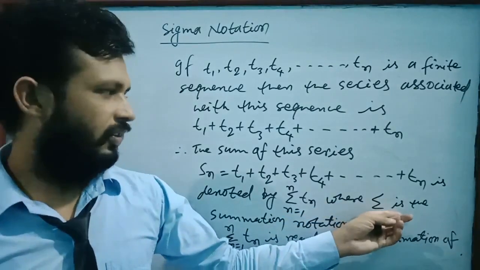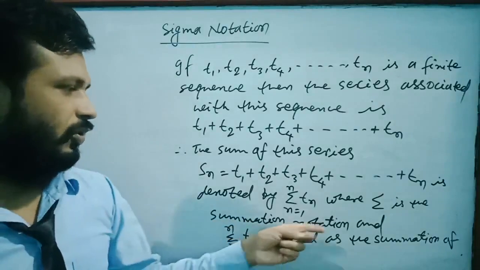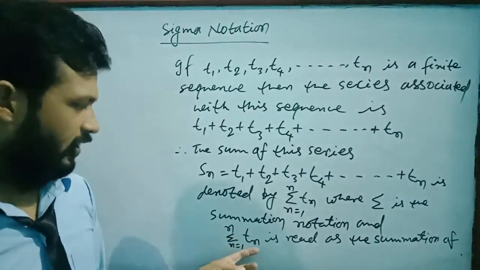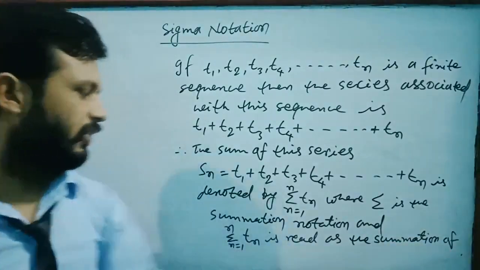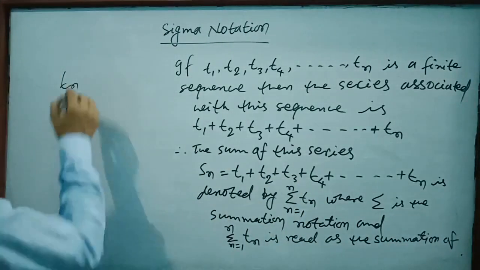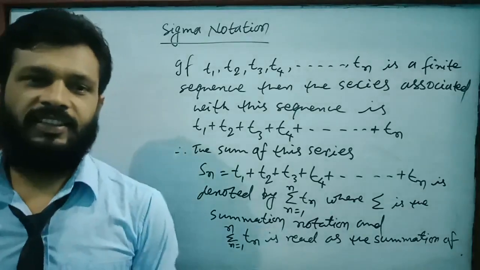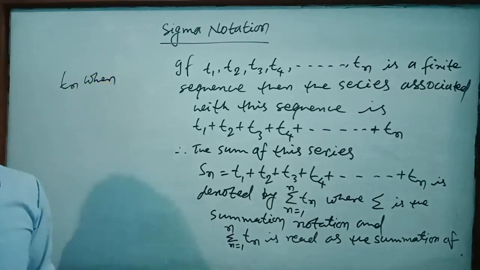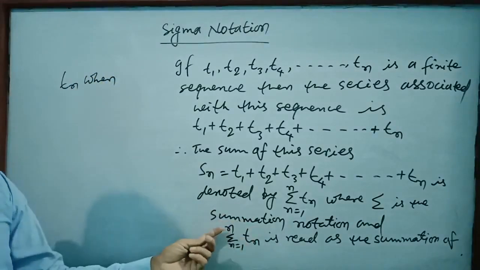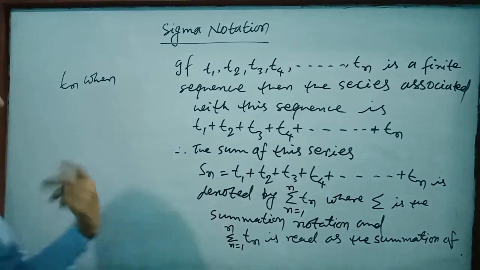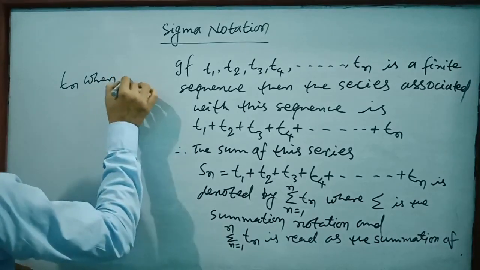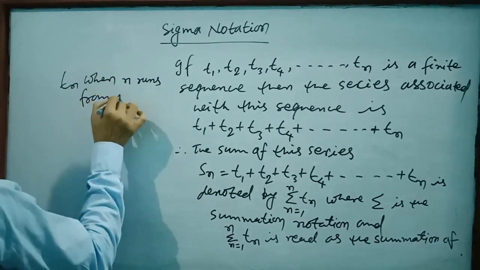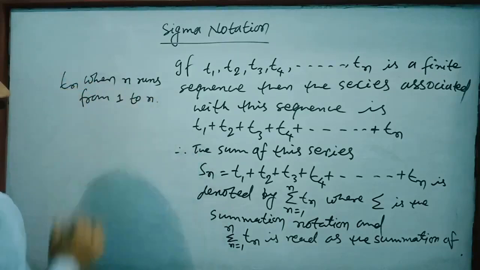Where it is the summation notation, and summation n equal to 2 Tn is read as the summation of Tn when n runs from 1 to n.